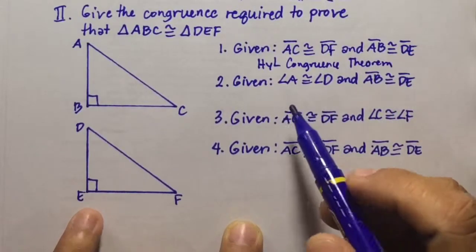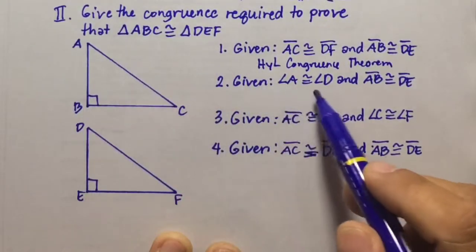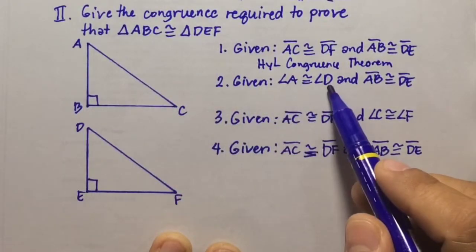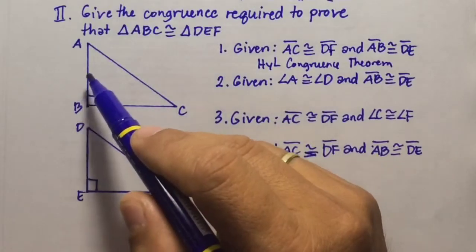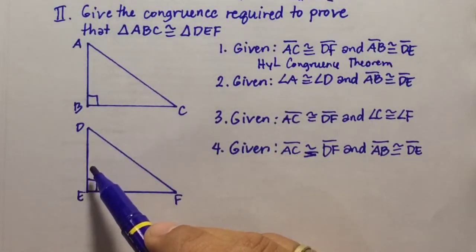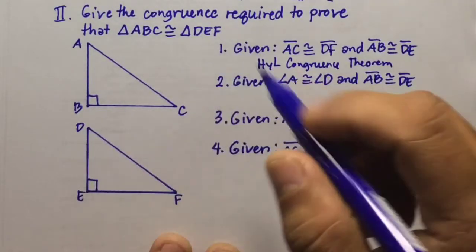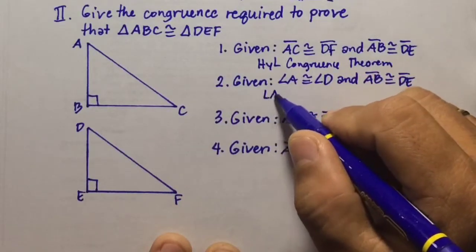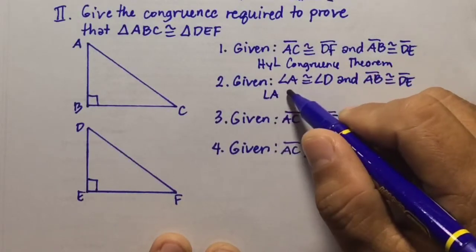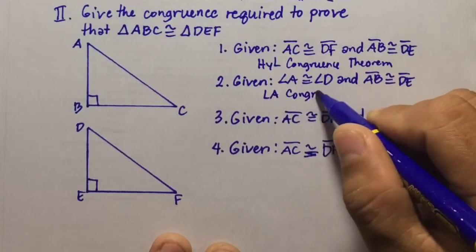Then for number 2, given that angle A is congruent to angle D, this is an acute angle, and AB is congruent to DE, so this is leg. So we can have this one as LA, leg and an acute angle congruence theorem.